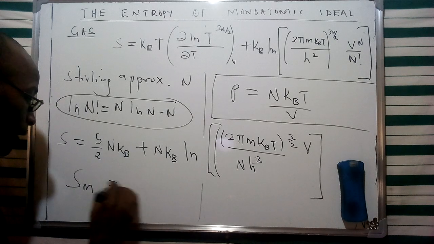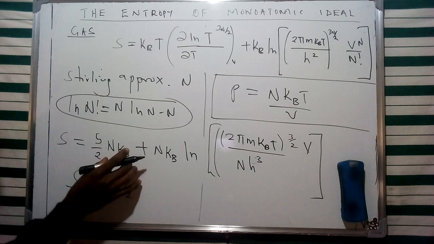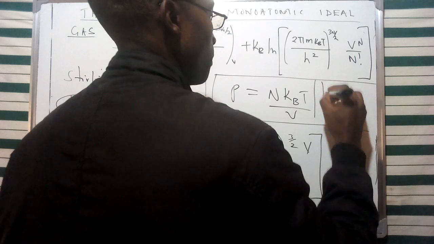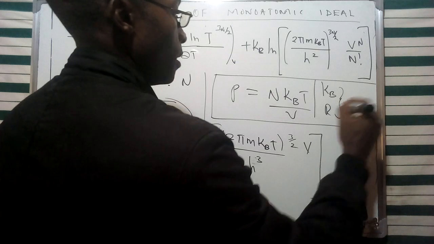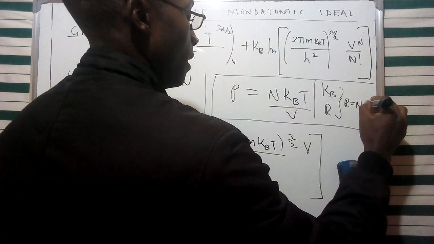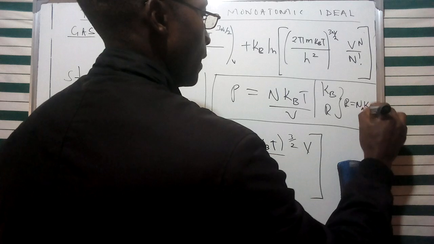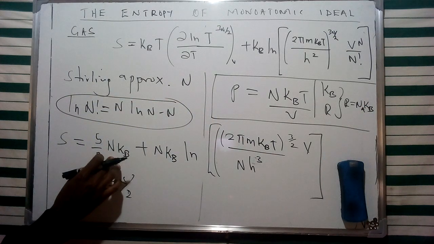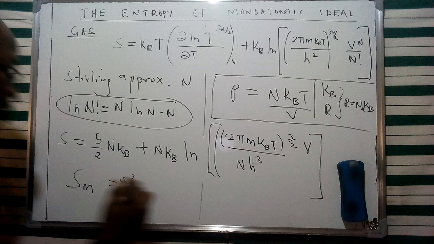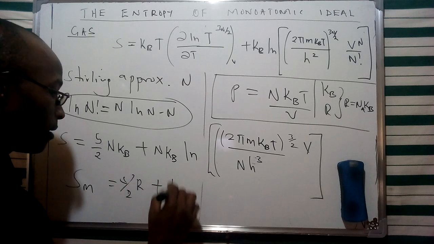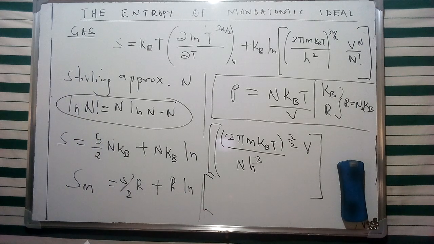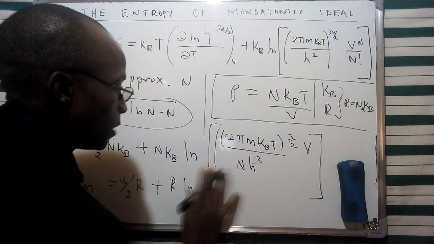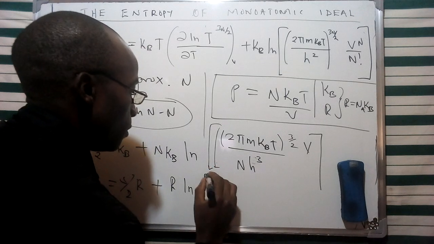Sm is equivalent to 5/2 R, where from the Boltzmann constant and the universal gas constant we have the relationship R is equivalent to Na kB, so we have N kB in this specific case, and therefore we're going to substitute this one for R, plus R times the natural logarithm of this second section of the equation, which is, of course, space is limited but I'm trying my best to write it in this form.